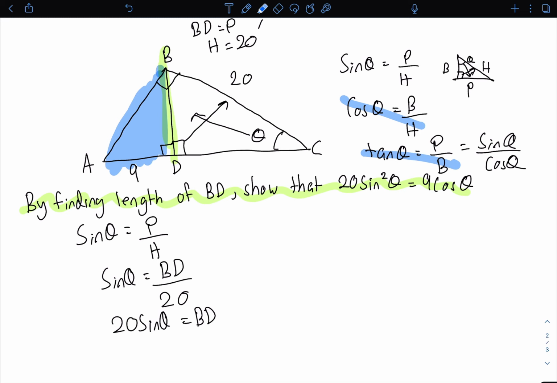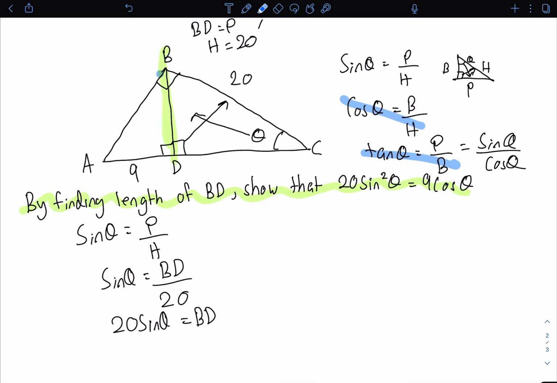What are the angles that we know? We know there's a 90-degree angle, so we can use these trigonometric ratios. But we don't know this angle, nor this angle. I'm kind of stuck here. There's a solution, though.